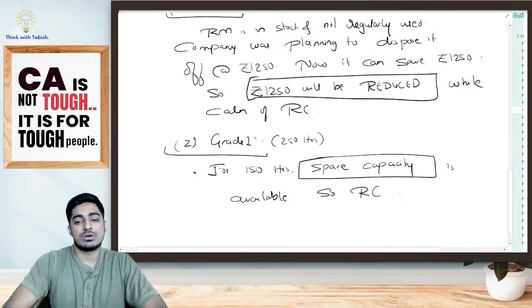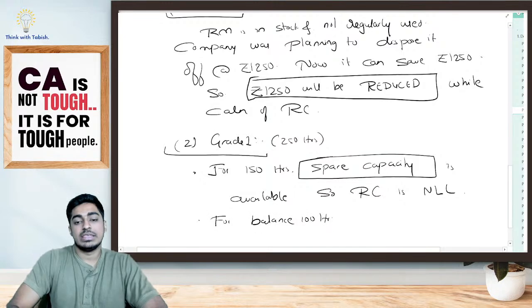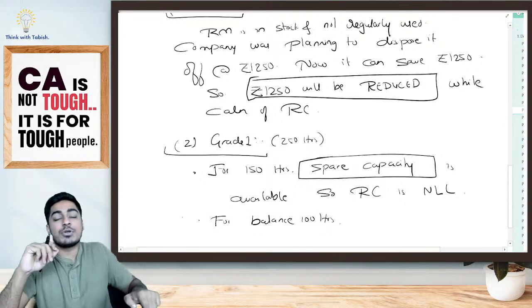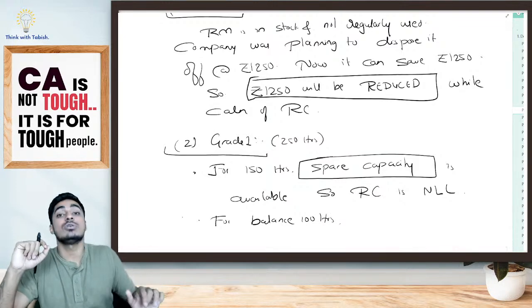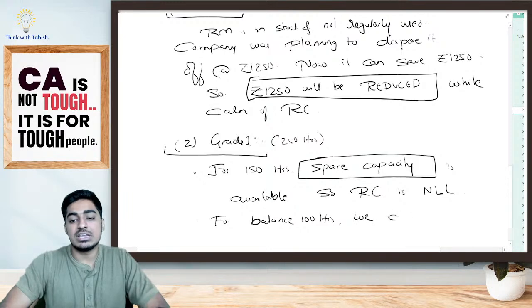So relevant cost is nil. For the balance 100 hours, what are we doing? Are we getting the work done from existing employees? Are we asking them to sacrifice their work? No. We are getting extra employees. We can get additional employees.